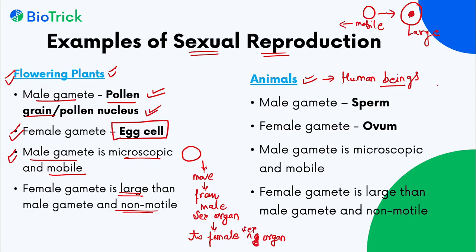It is a thumb rule that male gamete is always small plus mobile and female gamete is always larger and non-motile. In case of human beings, male gamete is called sperm and it shows motility, while female gamete is called ovum. It is a large egg cell and it is non-motile.